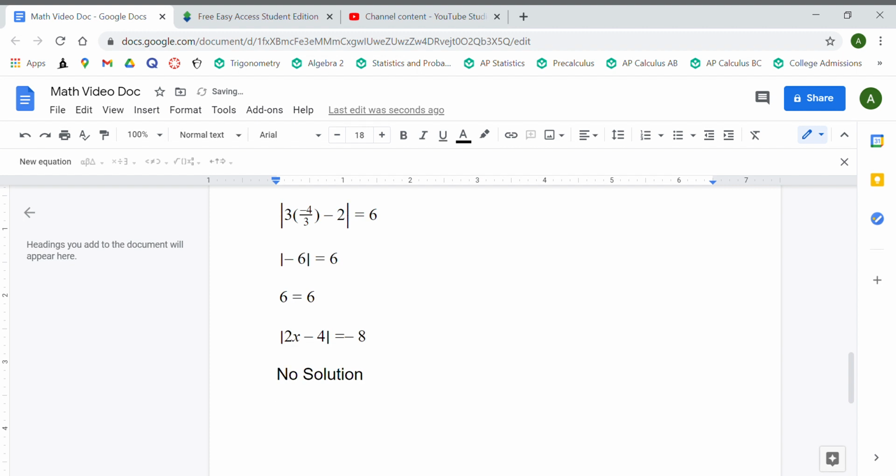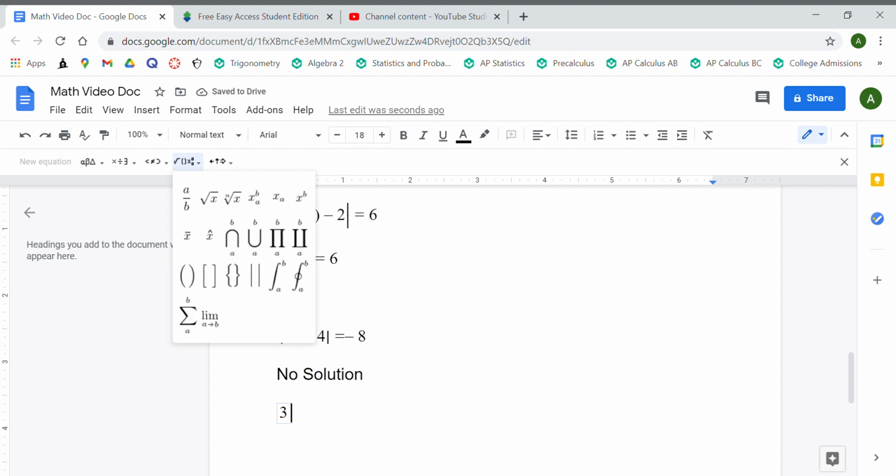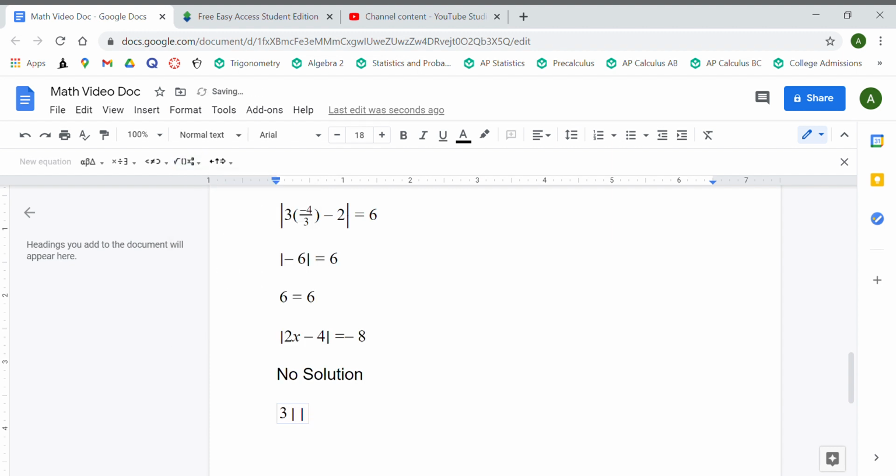All right. Now, let's see if I can give you something a little more advanced. It's not the most advanced I'm going to give you, but it's kind of advanced. It will require you to work with all kinds of stuff. Let's say you have something like this. How about this equation right here?